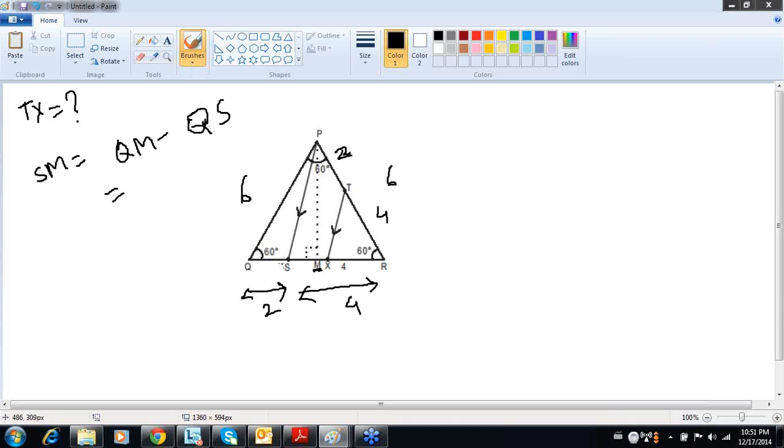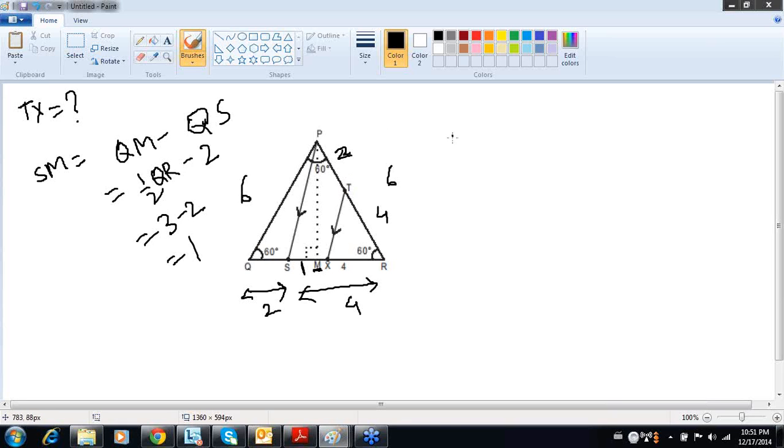Now QM will be half of QR, so half of QR is 3. So 3 minus 2 is equal to 1. So the SM value we found out is 1.